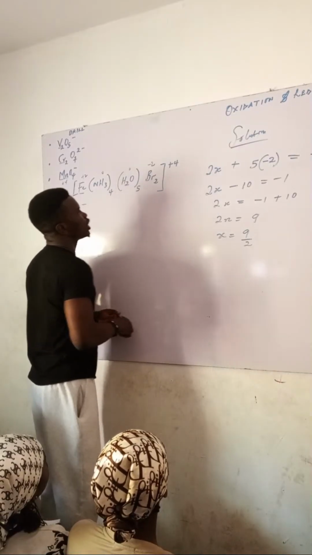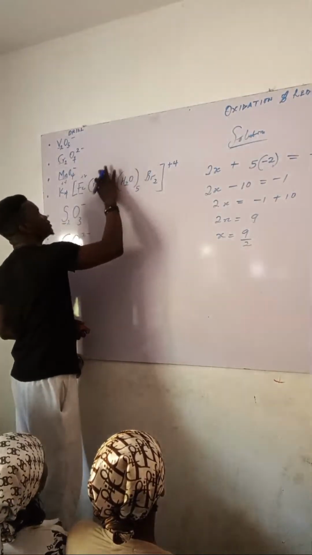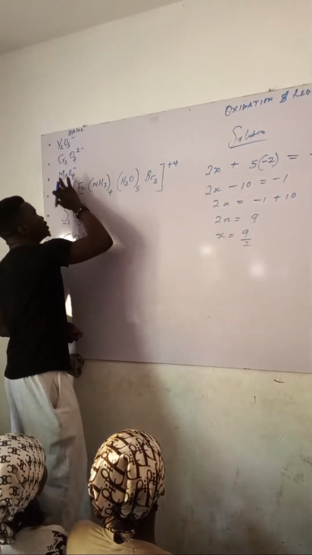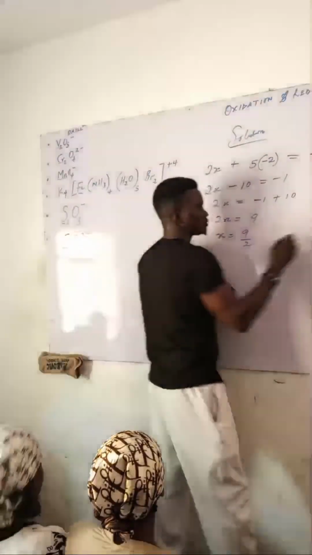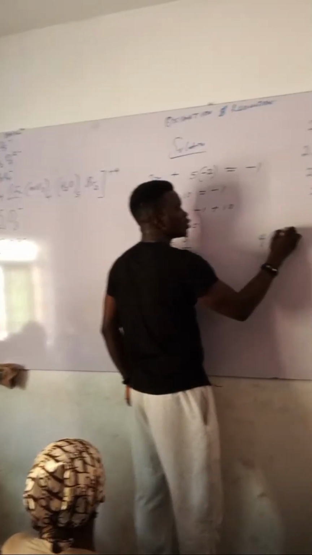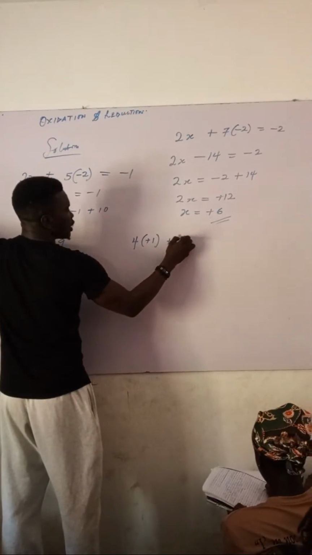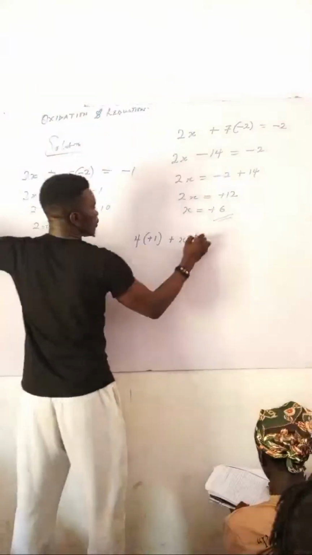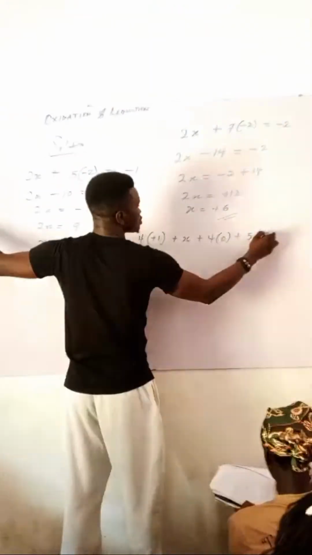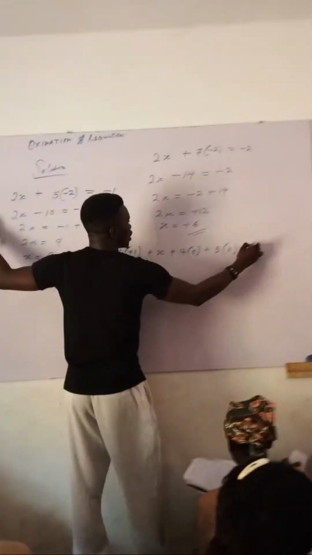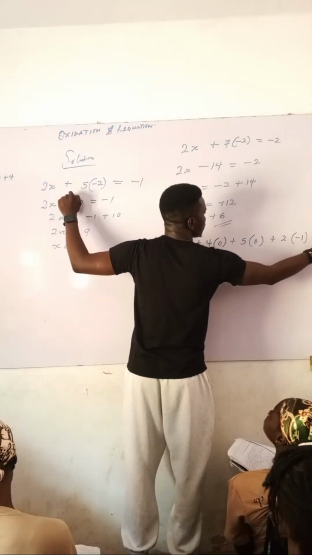So the answer is plus 2. But let's see. From there now we say 4 into plus 1, plus the one we are looking for, x, plus 4 into 0, plus 5 into 0, plus 2 into minus 1 equals plus 4.